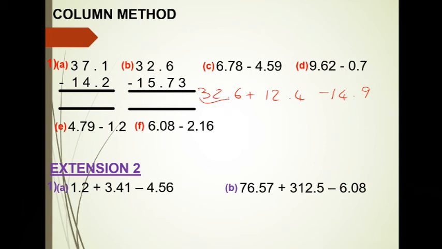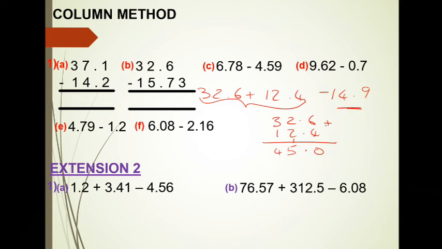So the first thing I'm going to do is this sum here. So that would be 32.6 plus 12.4. Now we're really good at adding, so we can just do our adding skills. 6 plus 4 is 10. Bring down your decimal point. 2 plus 2 is 4, plus 1 is 5, and 1 plus 3 is 4.